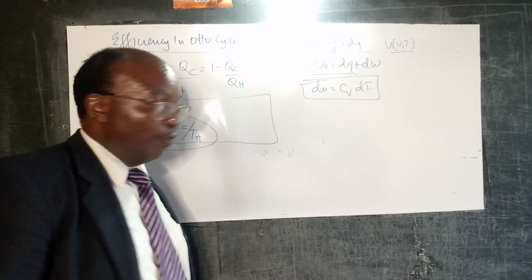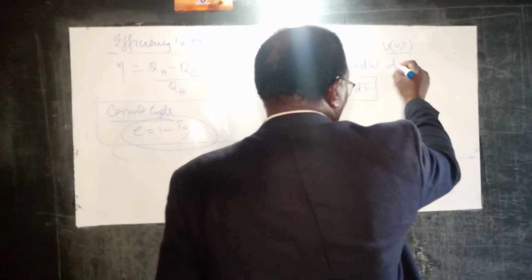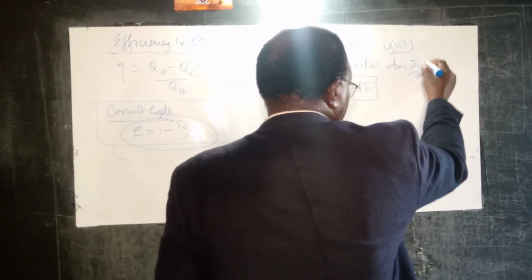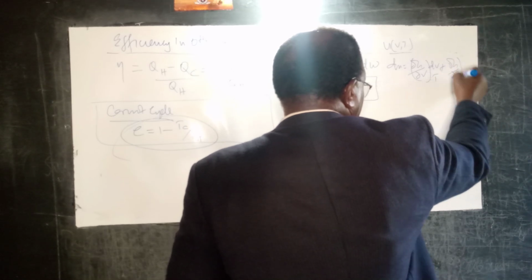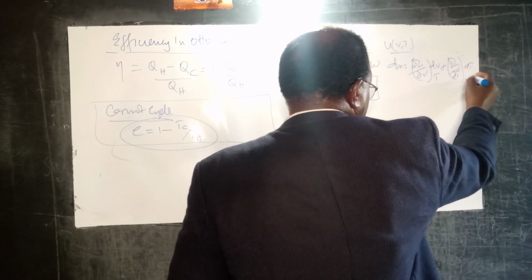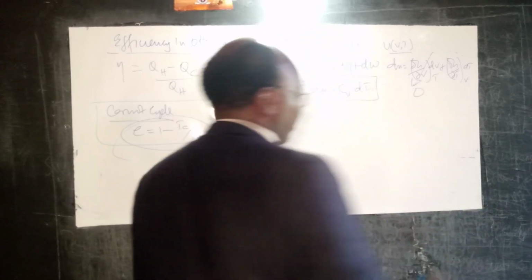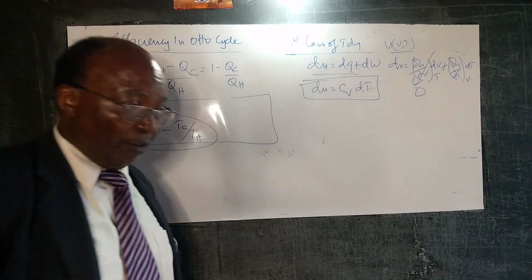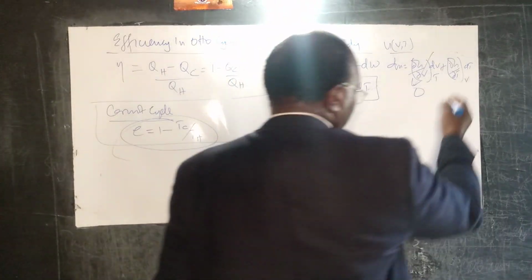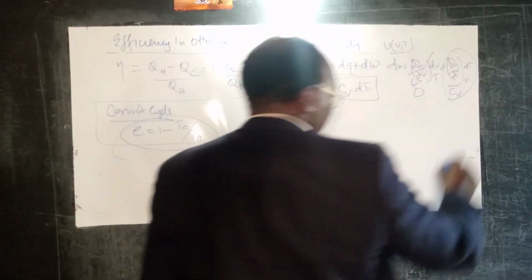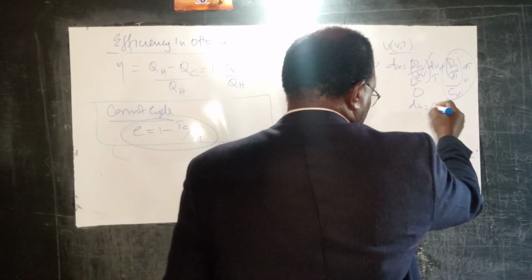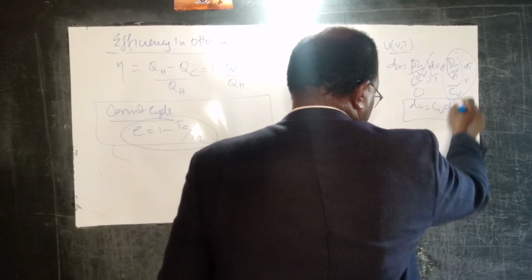If you express U as a function of volume and temperature, then dU is equal to (del U del V) at constant T dV plus (del U del T) at constant V dT, and the first quantity is 0 if we assume that the gas is behaving ideally, and the second is Cv. So we have dU equals Cv dT.